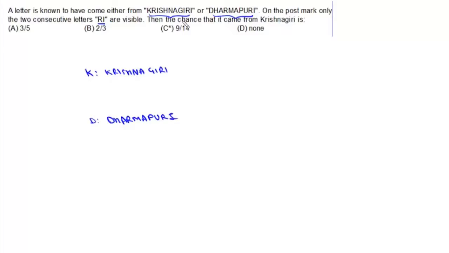Now, getting a letter from either of these 2 places is equally likely. So this probability is 1 by 2, and this probability is also 1 by 2. Now let us take event A, that the 2 consecutive letters visible are RI. So we find the probability of A given K and B.